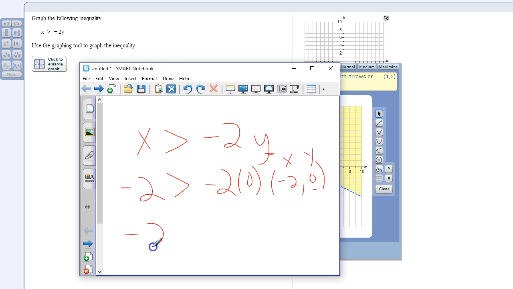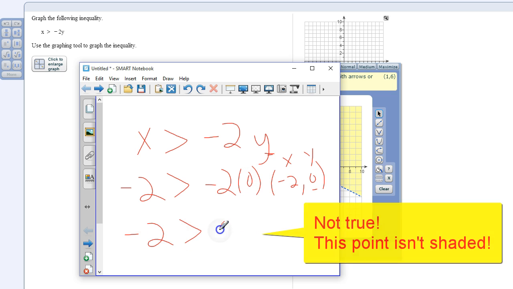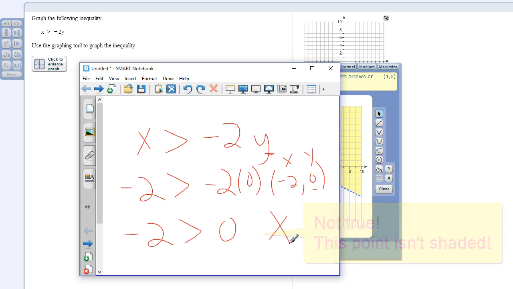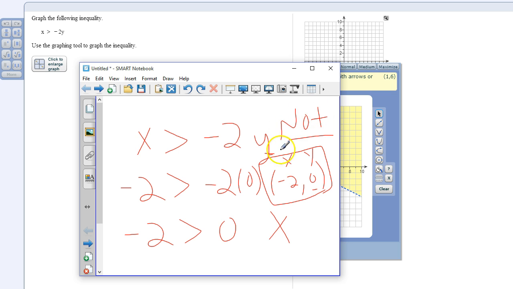It would end up simplifying to negative 2 is greater than 0. Negative 2 is not greater than 0. So if that had been my test point, that point is not in the shaded region, so I would not shade the part below the line that contained the negative 2, 0 point.